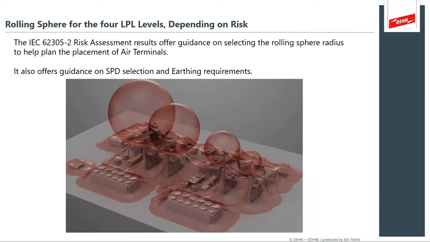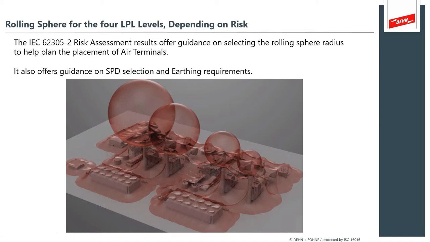So I like to always start with the risk analysis. The IEC methods are very helpful because they really drive the risk assessment, which we know is very important for the selection of the rolling sphere radius. This is a really nice illustration to show you that a less severe risk gives you a larger rolling sphere, and a more severe risk gives you a smaller rolling sphere, because that's where we expect smaller lightning currents. A higher percentage of lightning currents can be smaller, and they'll actually allow the lightning to get into the nooks and crannies.